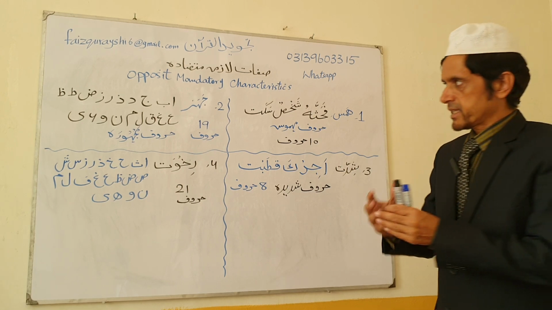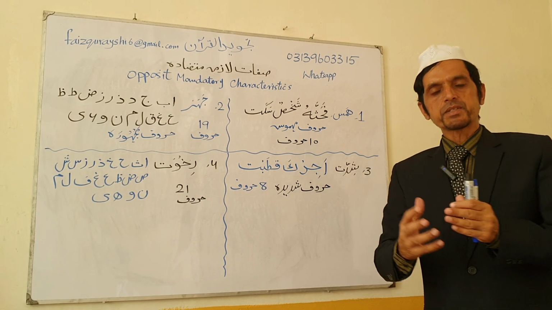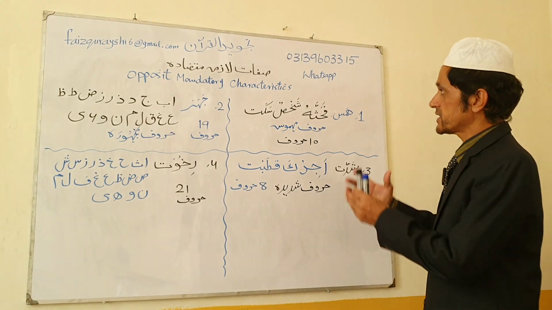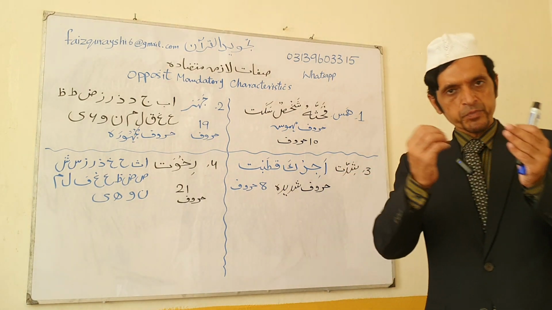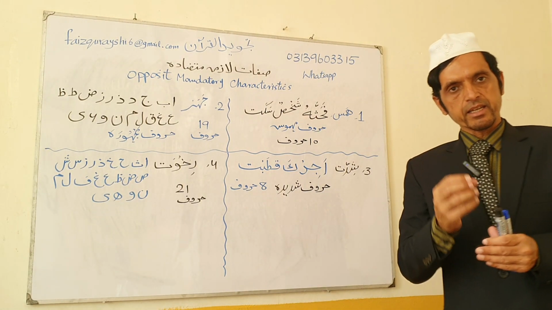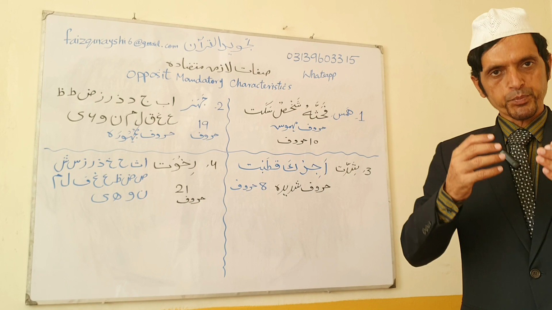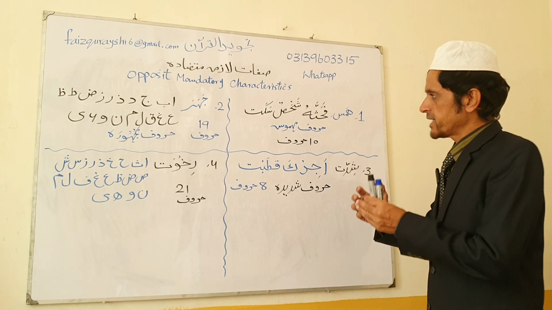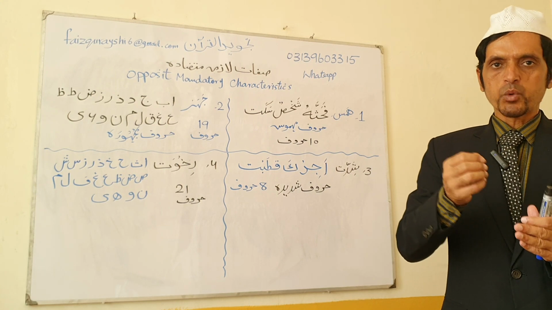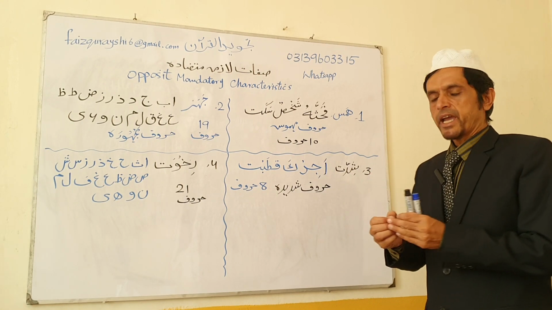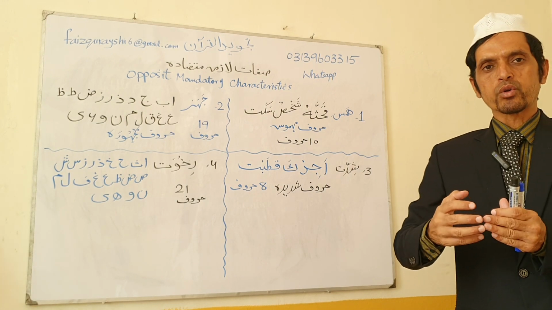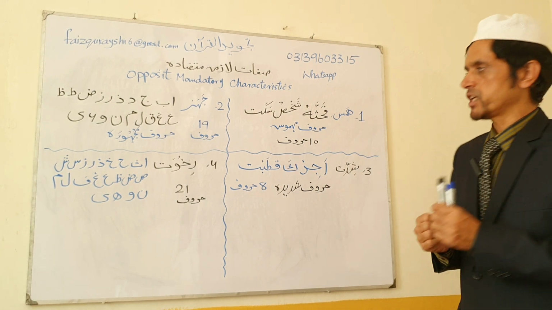When we articulate Arabic letters, if we don't take care of these characteristics, then we cannot articulate Arabic letters in a proper way, and as a result our letters will not be proper, and we will not be able to read the Holy Quran with proper pronunciation.